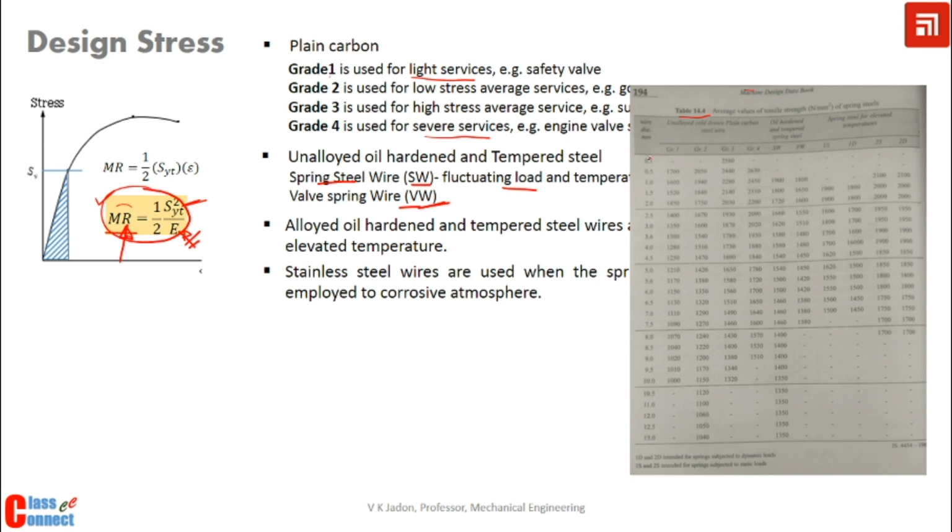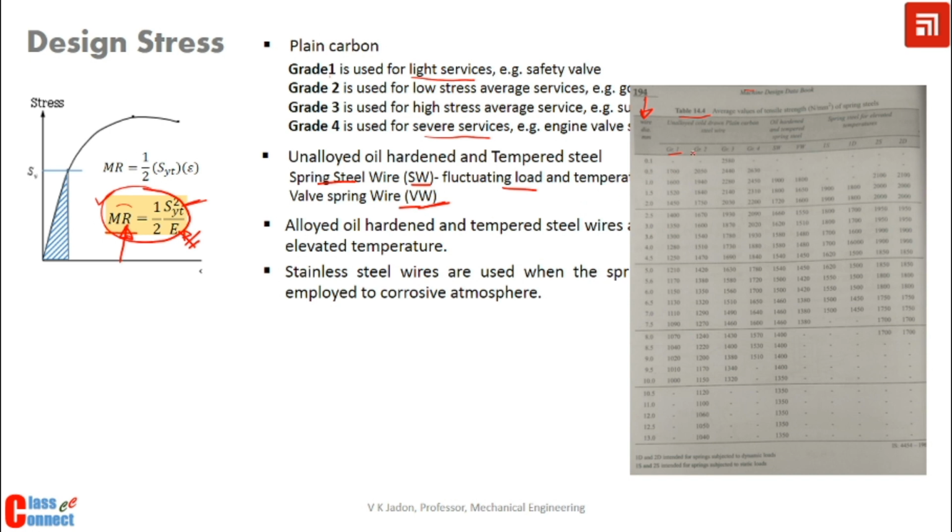Here the interesting thing that we have to note is in the first column we have wire diameter, and then we have ultimate strength for different types of springs. This is not that clear, but we have to bear with it. I'm trying to explain so that it is easily understood. So it is grade 1, grade 2, grade 3, grade 4, and so on.